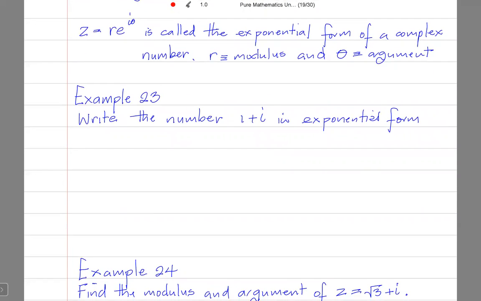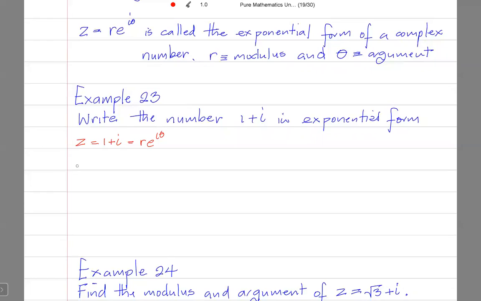So we're now asked to write the complex number z, example 23, is equal to 1 plus i, in the form r e to the i theta, where r is the modulus of the complex number and theta is the argument. So in order to accomplish this, I must find the modulus of z and the argument of z.